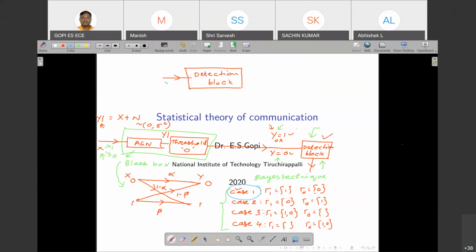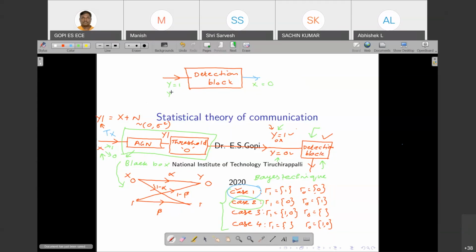When you get y equal to 1, you decide that what was originally transmitted from the transmitter is x equal to 1. When y is equal to 0, you decide that x equal to 0. That is the meaning of case 1. In case 2, it is the other way around: when you get y equal to 1, you decide that x is equal to 0.